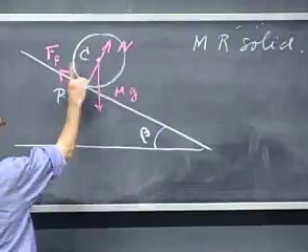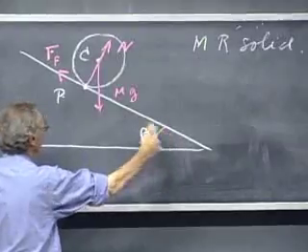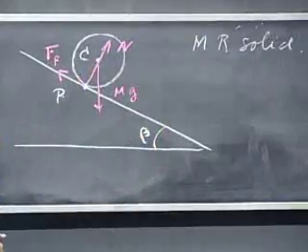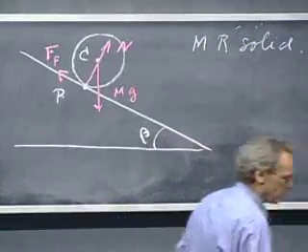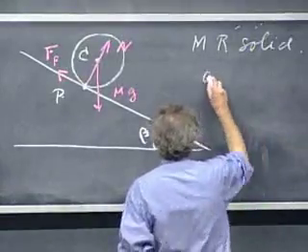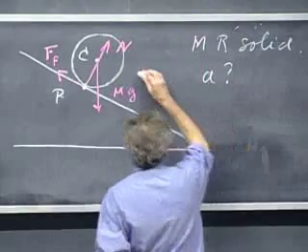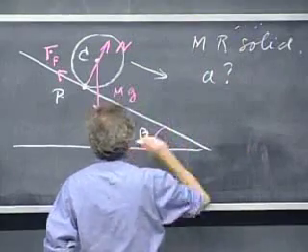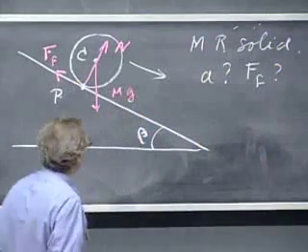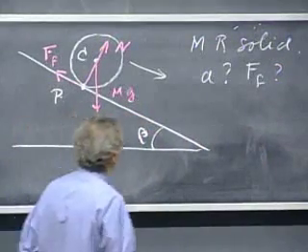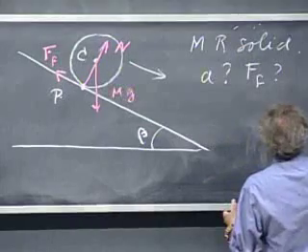But we normally decompose that in a direction along the slope and perpendicular to the slope. So these are the only three forces that this object is experiencing. And I can ask you now, what is A, the acceleration at which it goes down the slope? And I can ask you, what is the frictional force? I will ask you that under the conditions of pure roll.